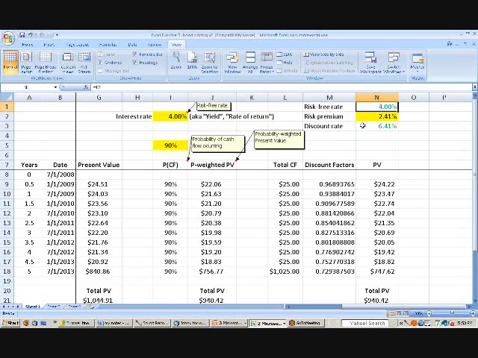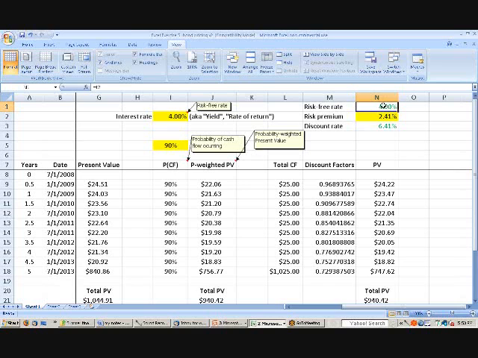Whatever that interest rate is, is the risk-free rate for that maturity. So let's just say they find a U.S. Treasury note with a maturity of July 1st, 2013, and that has a yield of 4%. So that's your risk-free rate.